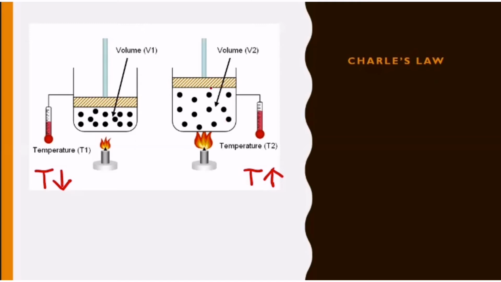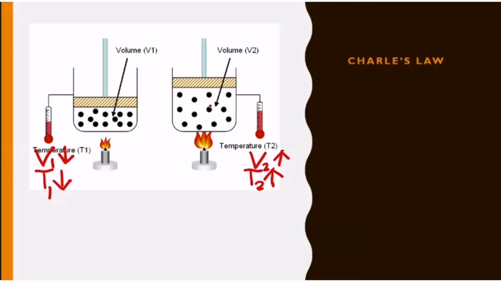Now focus on the volume. We can see when T is high, temperature higher, the fire is bigger, the volume gets larger. While for this diagram, the temperature is lower than the first one, so the volume is lower compared to the first one. Let's say I label this as V1, T1, and this one as V2 and T2.